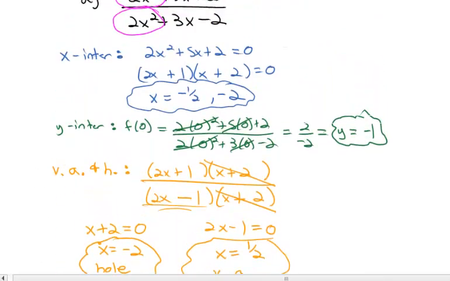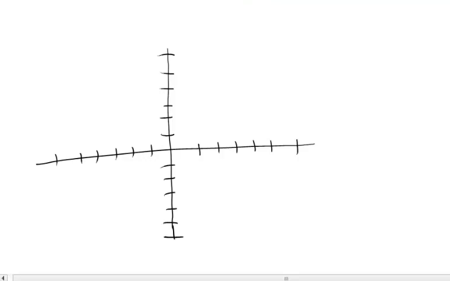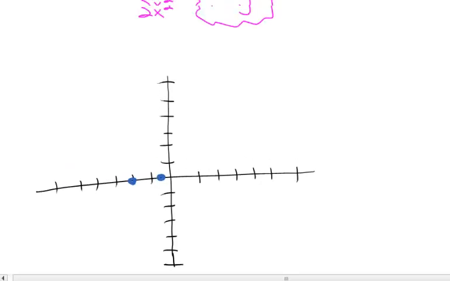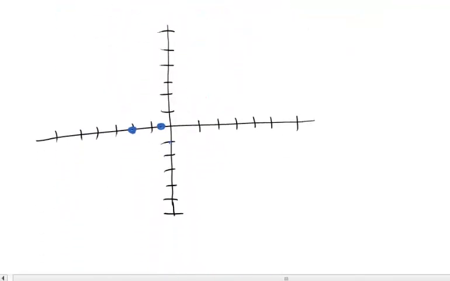And what we know, first, the x-intercepts are at -1/2 and -2. So -1/2 and -2, those are our x-intercepts. We also found out that our y-intercept was at -1. So the y-intercept, which we did in green, is at -1.